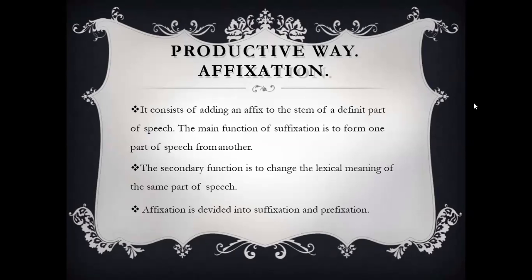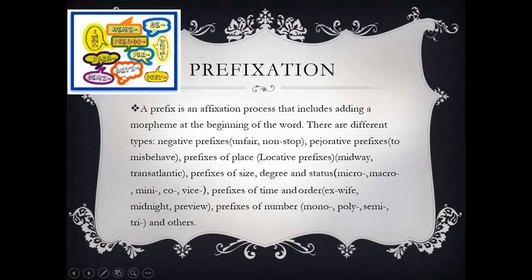So let's see. Prefixation, we'll start from this. Prefixation is an affixation process that includes adding a morpheme at the beginning of the word. So if we add just one morpheme, a prefix, at the beginning of the word, it is called the prefixation process.